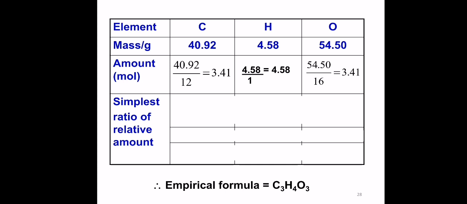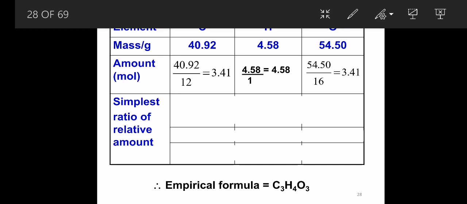From the mass that you got from the earlier data, you find the mole of each of the elements. Alright, for the carbon, 40.92 divided by 12.0, you will get 3.41 mole of carbon.